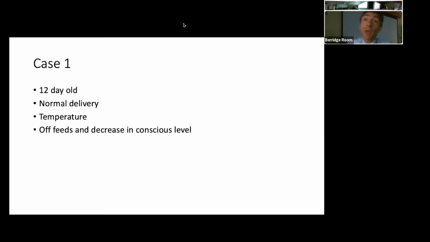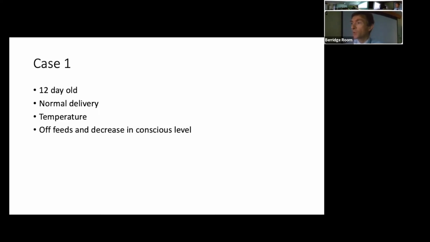He'd had a normal delivery and had gone home. And then in the following week or so, at about 10 days of age, he developed a temperature, and then he stopped feeding and had a decrease in conscious level, which I think happened fairly gradually over a day or 2.